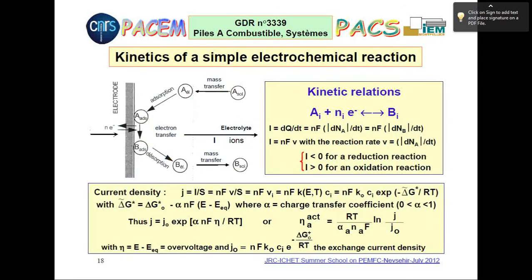But now another point is the kinetics of the electrochemical reaction, because if you are working, the current deviates from zero, of course, you must produce energy, and I give you some elementary idea how you can deal with the kinetics. I said that the electrochemical reaction is a heterogeneous reaction. It means it happens at the interface between the electronic conductor, the electrode, and the ionic conductor, the electrolyte.